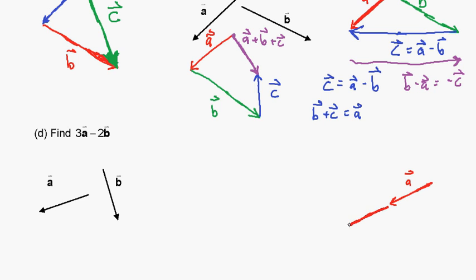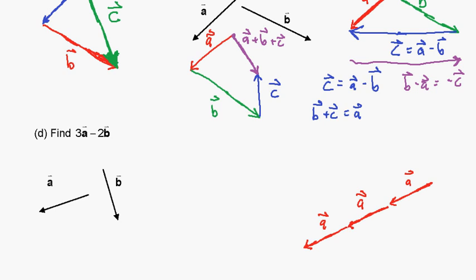Okay, here is another a, and then another a. Okay, and then 3a minus 2b.